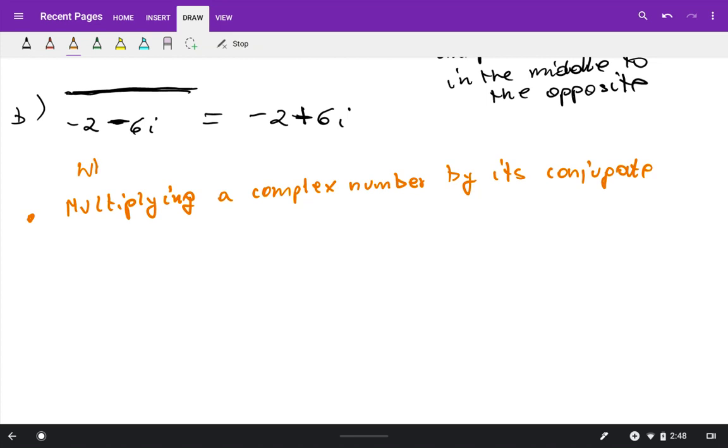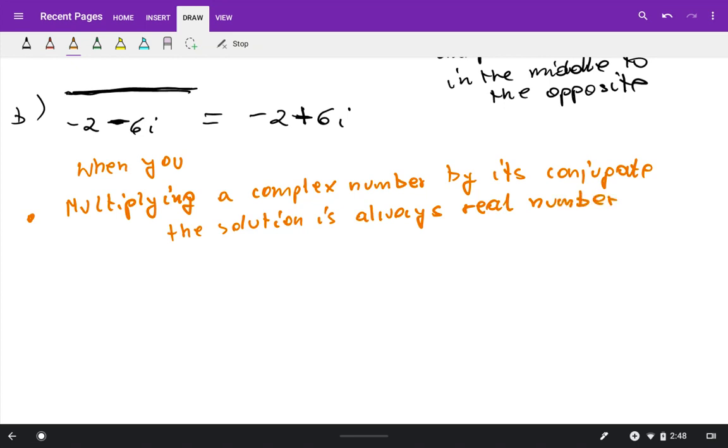When you multiply a complex number by its conjugate, the solution is always a real number.